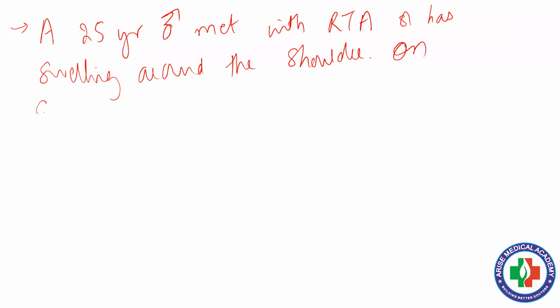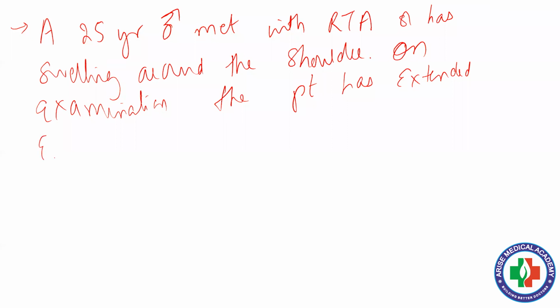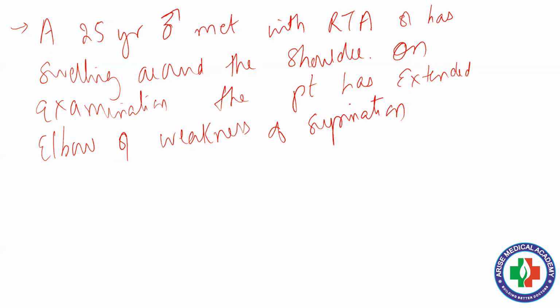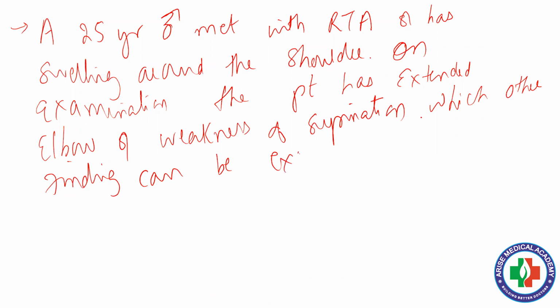On examination, the patient has extended elbow and weakness of supination. Which other finding can be expected in this patient? Now look at the question here.